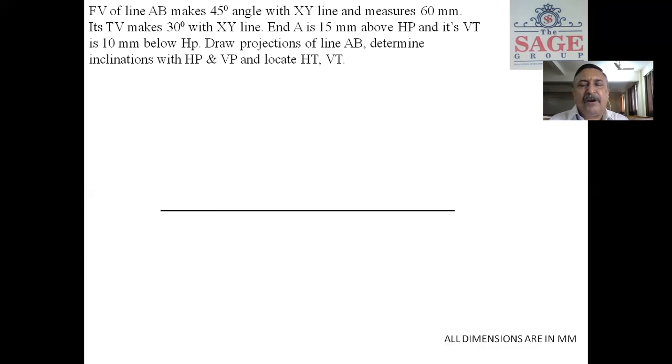First of all, draw the XY line as usual. Then draw point A, which is 15 mm above HP. This point A dash is 15 mm above the XY line.